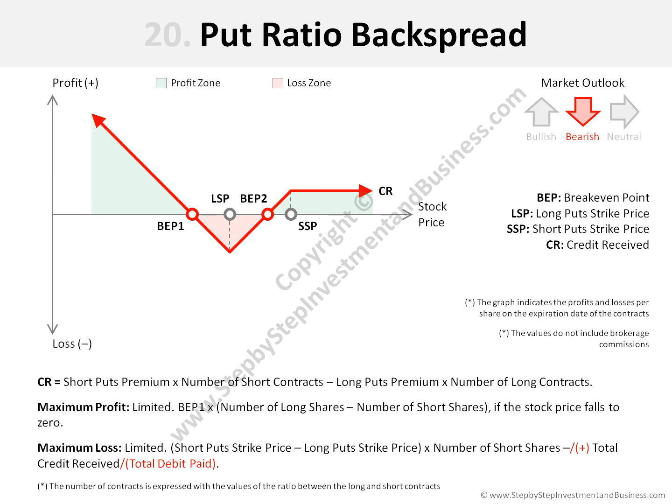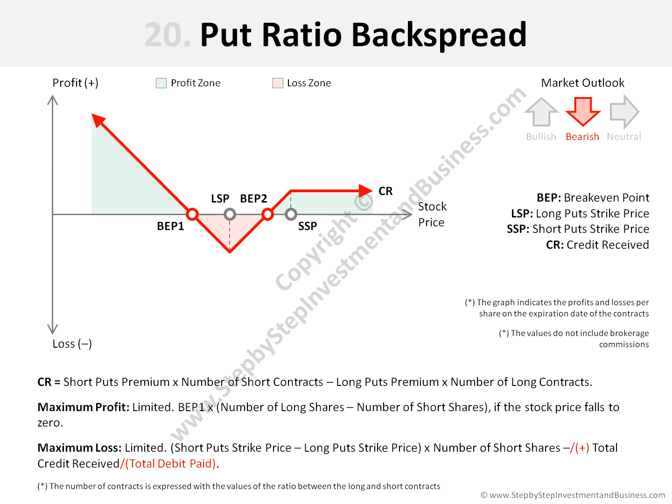If the premium paid is higher than the premium received, the trade will be placed with a debit. It is always recommended, if possible, to place this trade with a credit. That is why the graph is shown for that condition. If the trade is placed with a debit, the terms indicated in red must be used in the equations below.